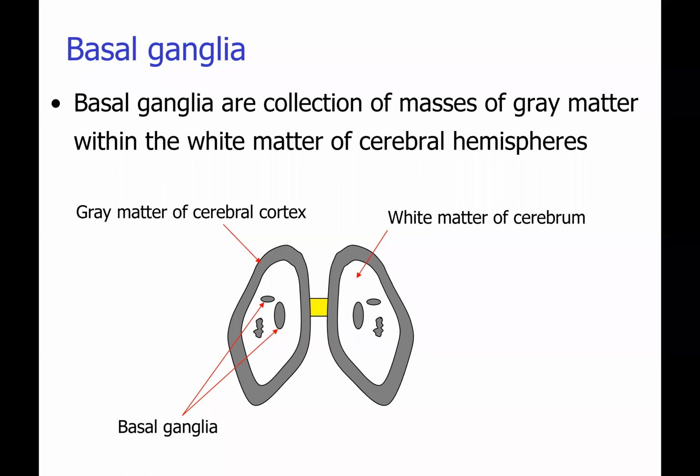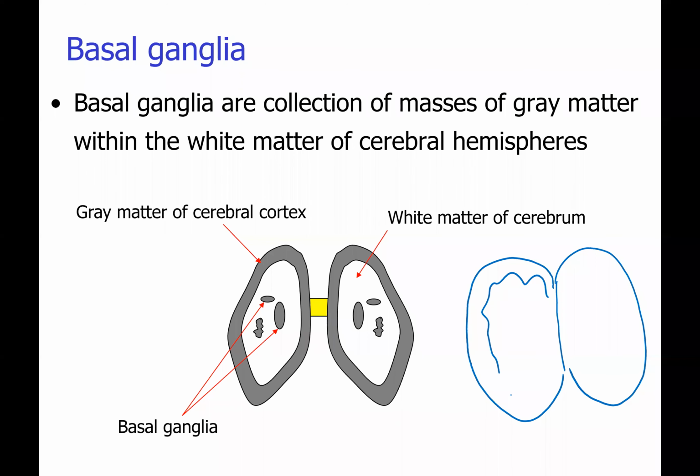Now we have discussed the gray matter and white matter. If you take the cerebral hemispheres like this, you have gray matter outside and white matter inside. That was the basic discussion. Now in certain areas of the brain, you get collections of gray matter within white matter.